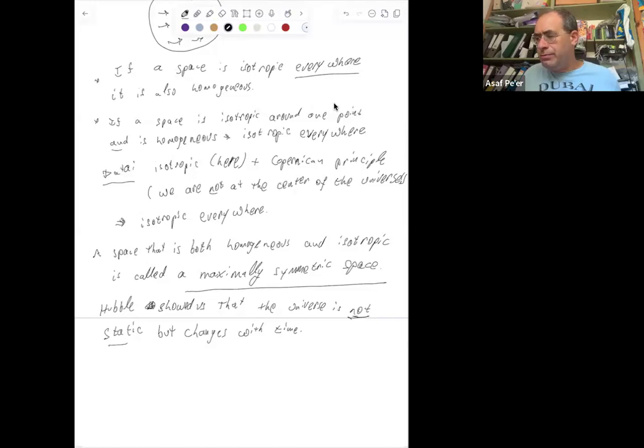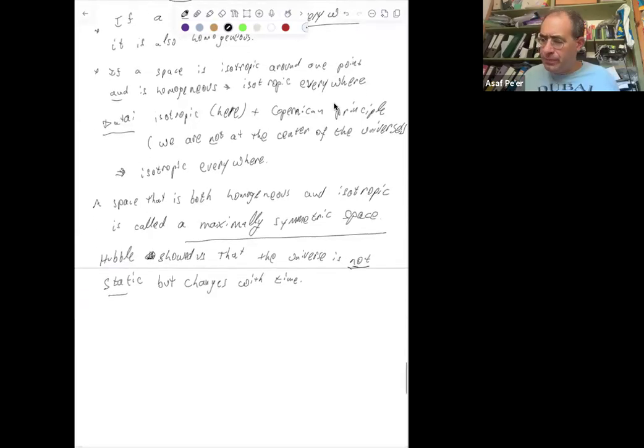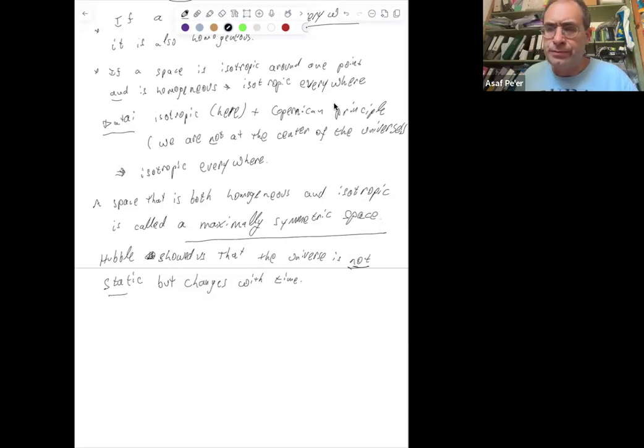Now, what we're going to do is derive the metric that describes this universe, a universe that evolves in time but has a maximally symmetric spatial subspace. The metric is called the Robertson-Walker metric.